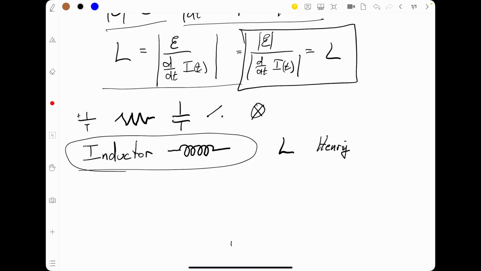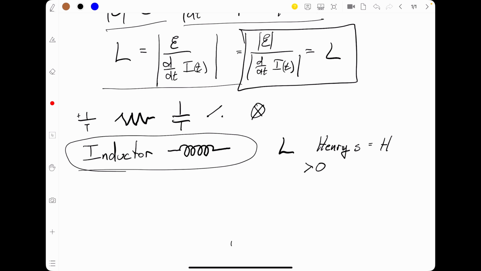Oh, I dotted my Y. Good work. Henries, of course, is equal to just an H, right? So good. Now, it has a value, and it's always positive, right? Positive definite. So always greater than 0.